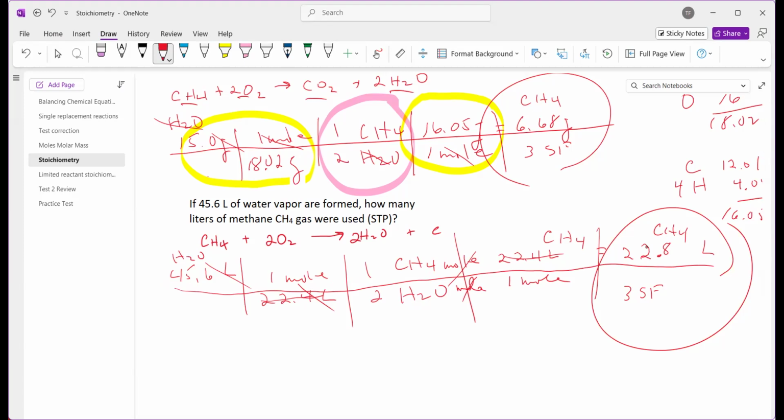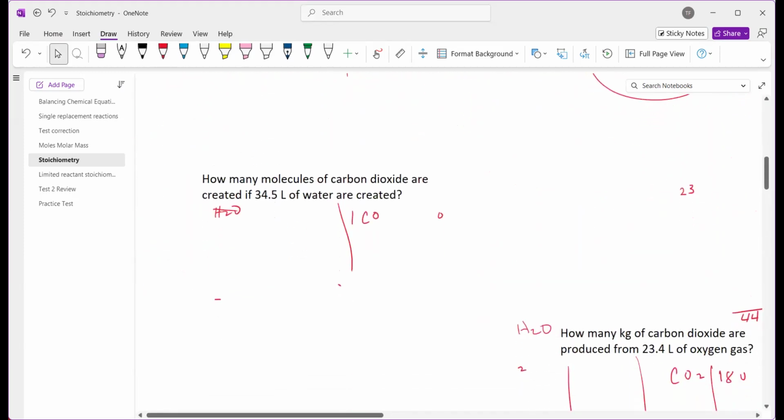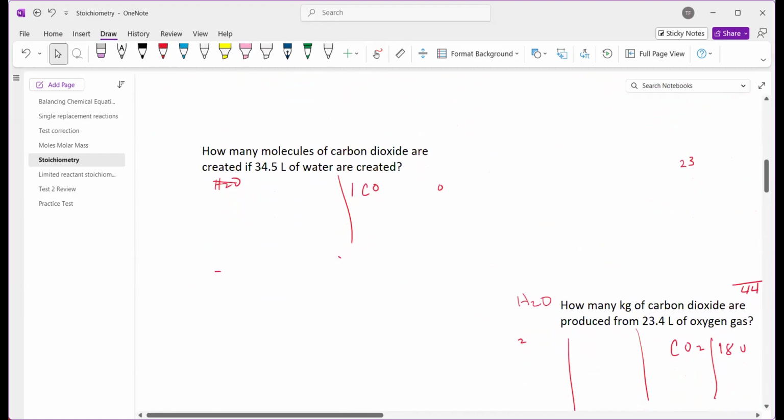All right. Questions about this? Now this one is how many molecules? But let me write down the equation again.